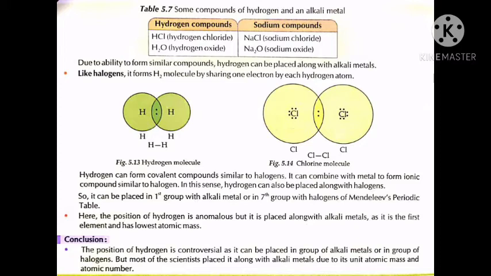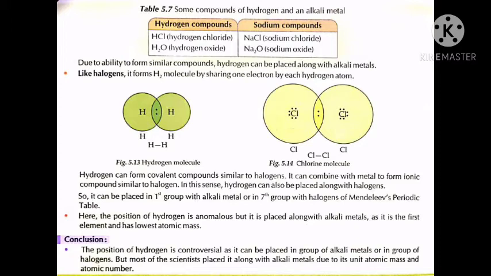So, it can be placed in the first group with alkali metals or in the seventh group with halogens of Mendeleev's periodic table. Here, the position of hydrogen is anomalous, but it is placed along with alkali metals as it is the first element and has the lowest atomic mass.